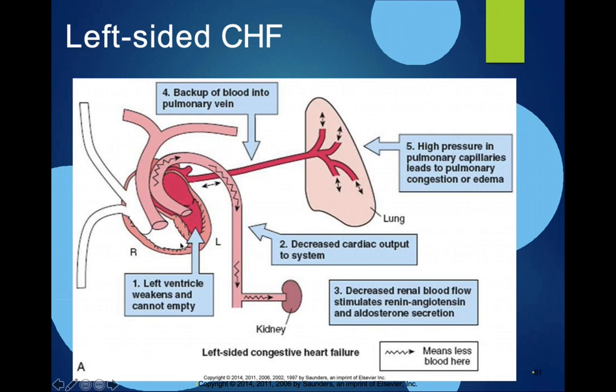Right ventricle contracts inferior to superior through the pulmonary trunk into the pulmonary arteries. The pulmonary arteries bring deoxygenated blood into the lungs. The lungs oxygenate it and are supposed to drive oxygenated blood into the left atrium, into the left ventricle, pumping through the aortic valve into the arch of the aorta, bringing all the oxygenated blood.